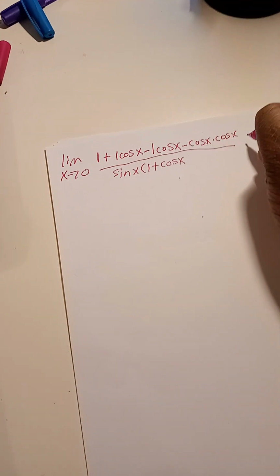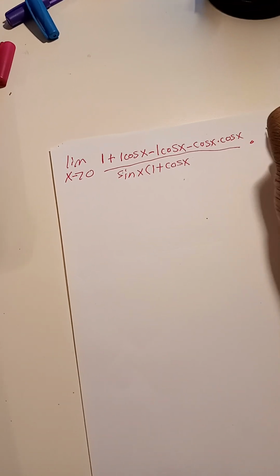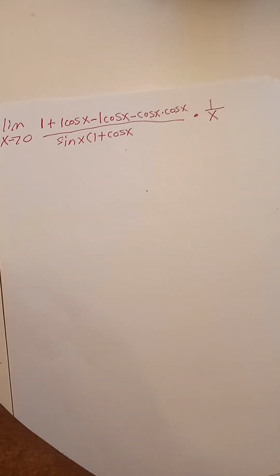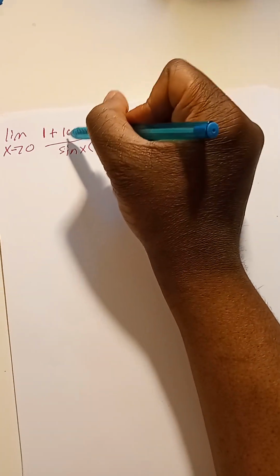And then we're going to multiply by the reciprocal, so it's going to be times 1 divided by x. Okay. And we see 1 cosine of x minus 1 cosine of x will cancel out.